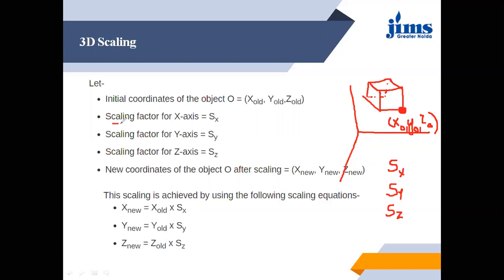So the scaling factor for the x-axis is Sx, for the y-axis is Sy, and for the z-axis is Sz. And this is the initial, that is, original coordinate of object O, represented by x old, y old and z old as we discussed.